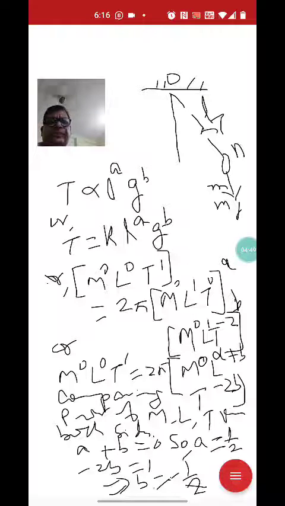So in this way we get the relation among T, L and g.